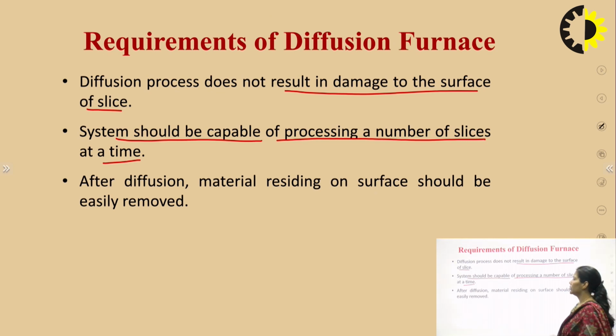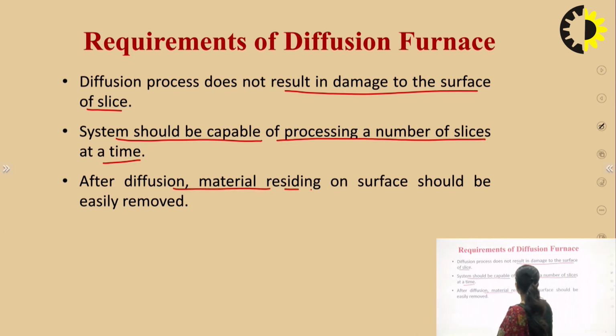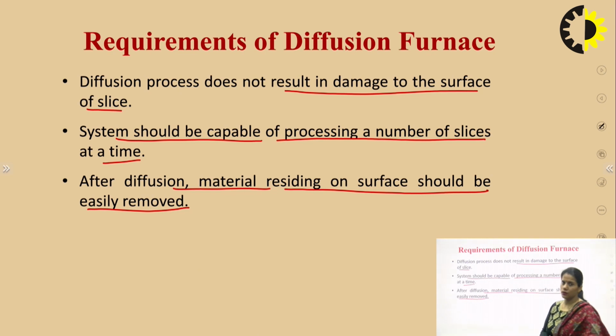Next point, after diffusion, material residing on the surface should be easily removed. In all the fabrication processes, after a particular process takes place, there are always impurity atoms on the surface of the substrate, and after the diffusion also there must be some residing materials and those should be removed properly.